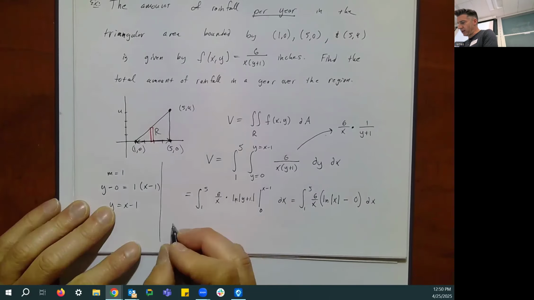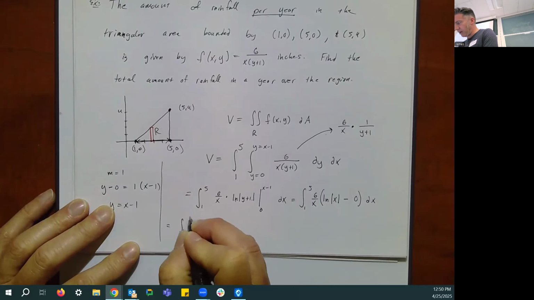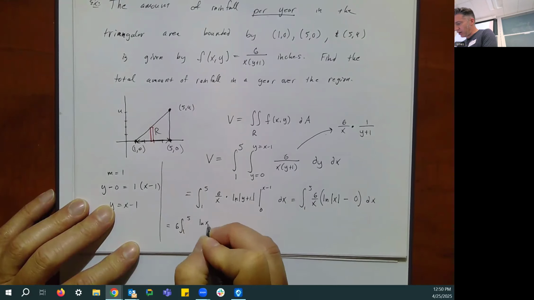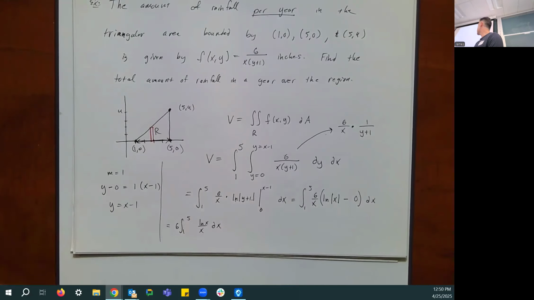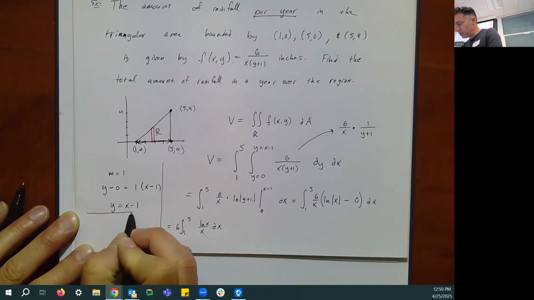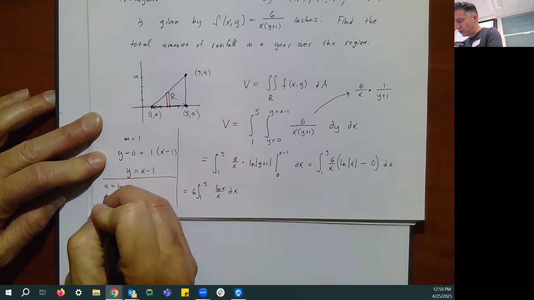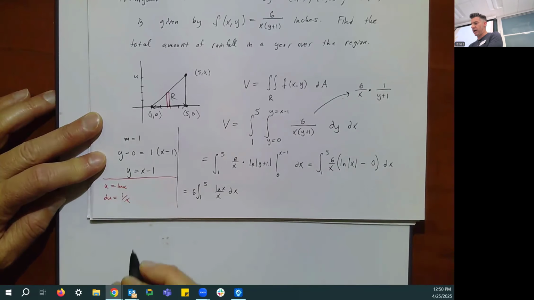So now we are trying to integrate from 1 to 5. Let's pull the 6 out in front: the natural log of x over x dx. Looks like a u substitution. I know it's been a while since doing a u substitution, but it is one. If we let u equal the natural log of x, our du is exactly 1 over x dx.